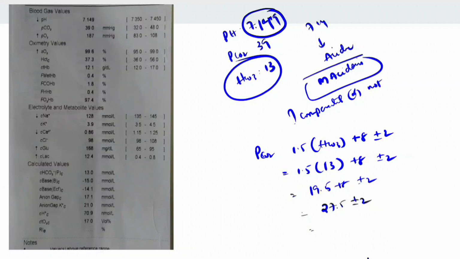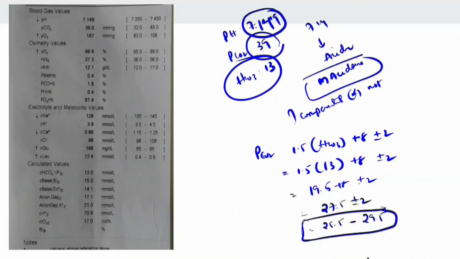So it is 25.5 to 29.5. So the expected PCO2, to say it is compensated, should lie between 25.5 and 29.5. But in this example, the value is 39.